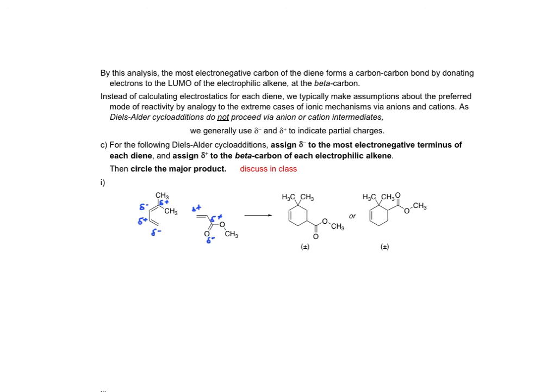And that also works to show that the terminal alkene is electrophilic. Although this reaction occurs in one step, there is a preference for an orientation in which partial negative reacts with partial positive. And that corresponds to this product.